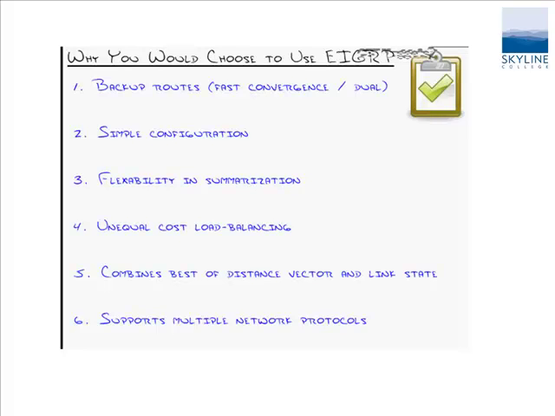Flexibility and summarization. When you hear the term summarization in Cisco, think supernet. And again, why do we want a supernet? What I'm going to try to do is put a bunch of interfaces on. When you're practicing learning about routers, the way to make a whole lot of routes available without having a whole lot of routers is to use loopback addresses.